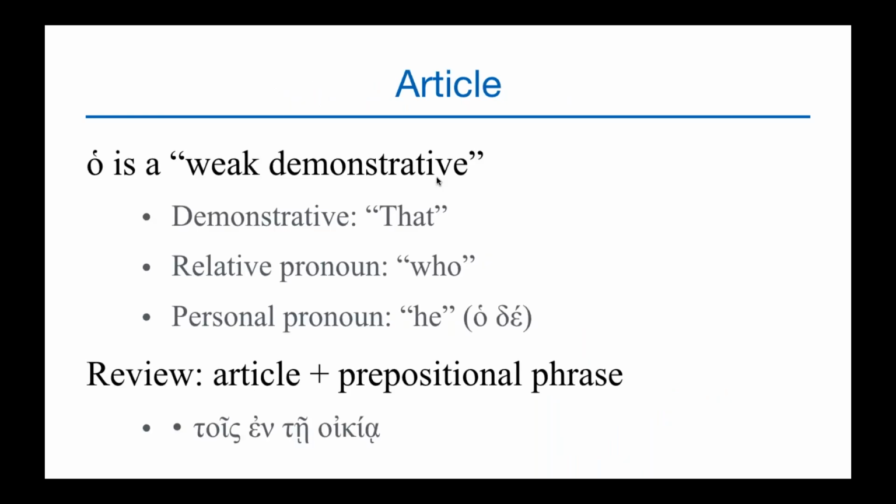All right. So this is going through some things that the article can do that we don't necessarily think about. You notice how I normally refer to ha as the article, and I don't usually say it's the equivalent to "the." The reason why is this. Mouse describes it as the weak demonstrative. So it can mean "that."